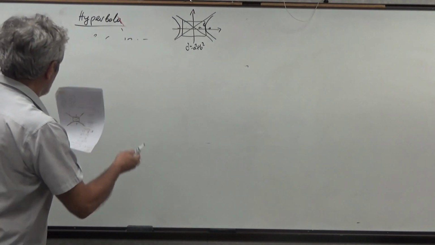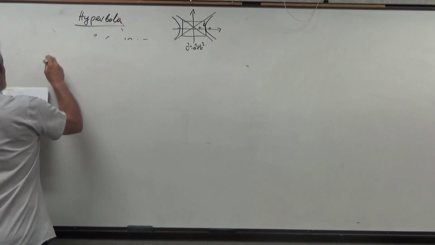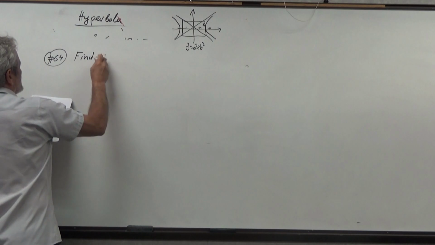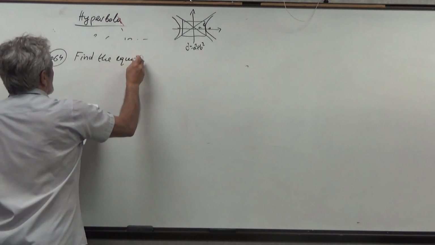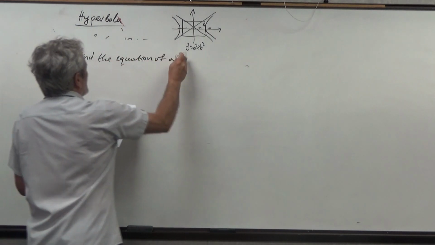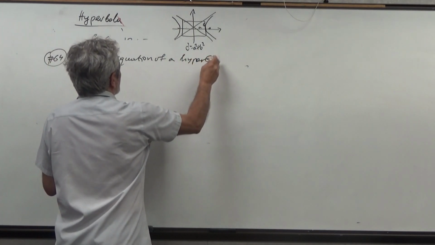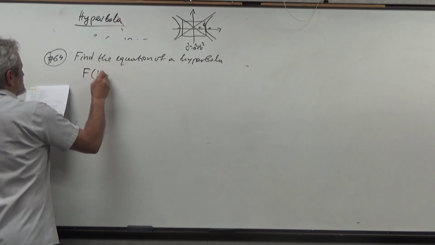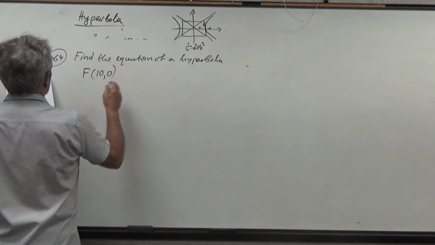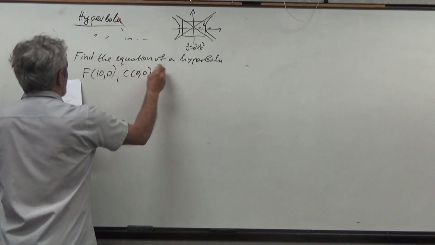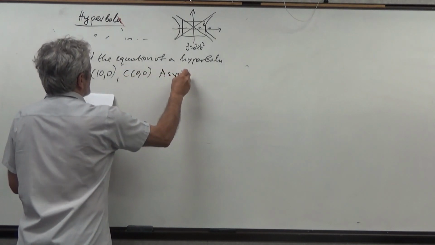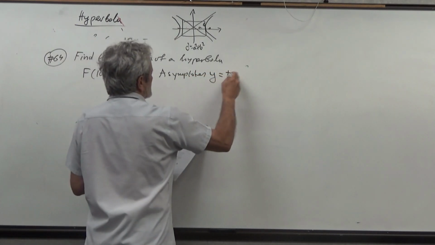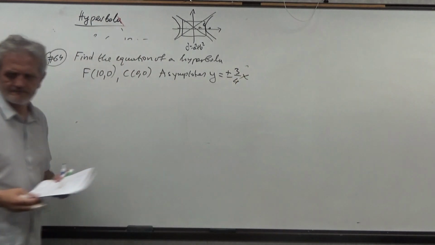It says the following: find the equation of the hyperbola with focus (10, 0), center (0, 0), asymptotes y equals plus or minus 3/4 x.